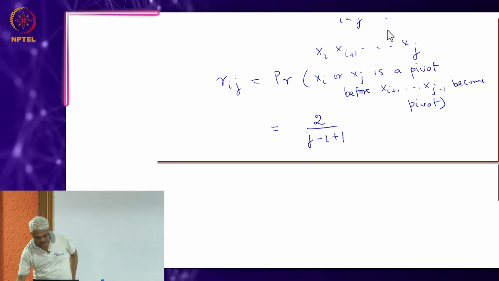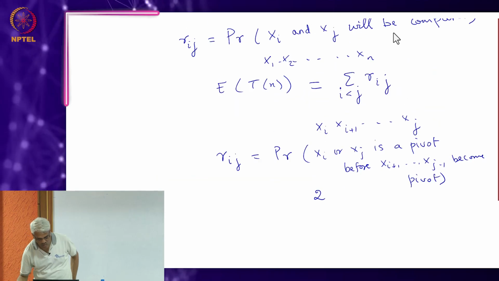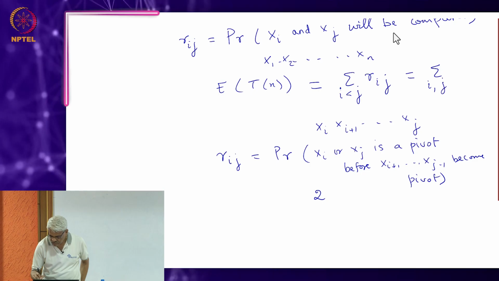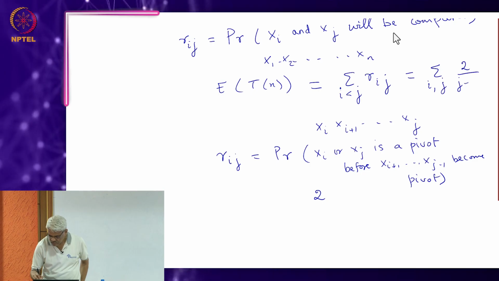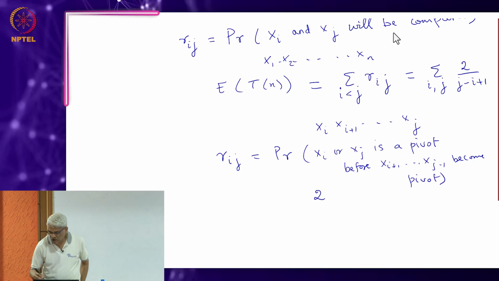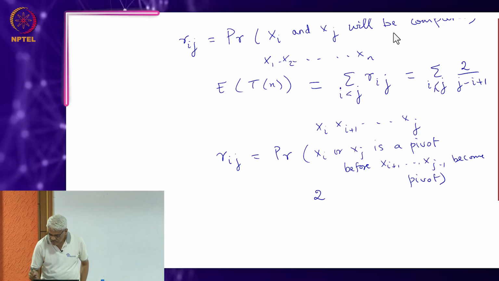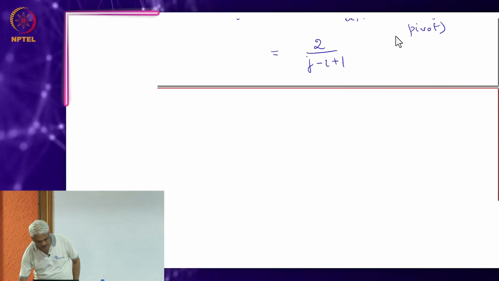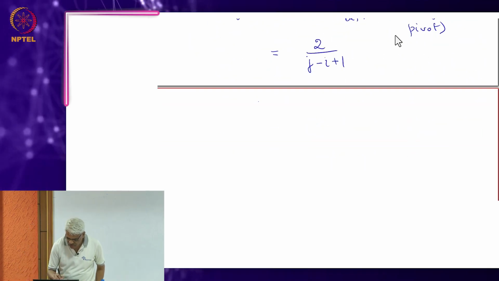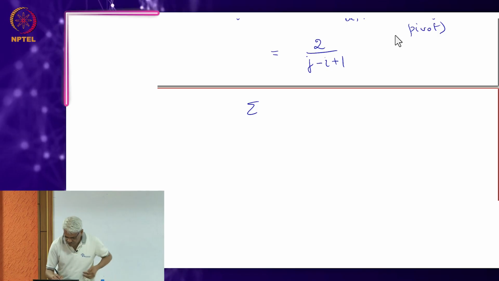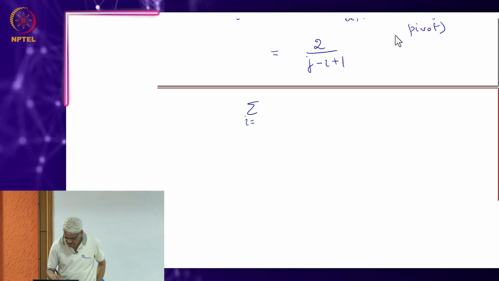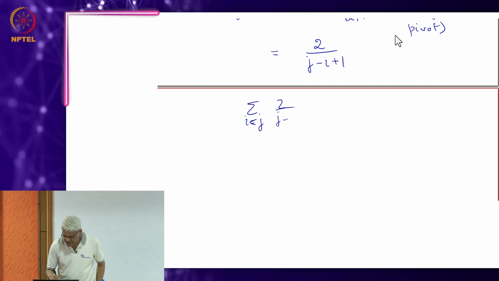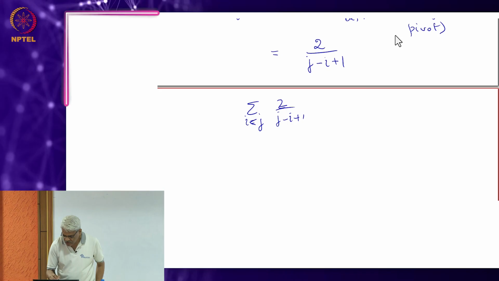Now, if I just substitute this value here, it turns out, okay, so maybe let me try completing that proof. Summation over i less than j. So, you see some sort of a harmonic series coming here now.